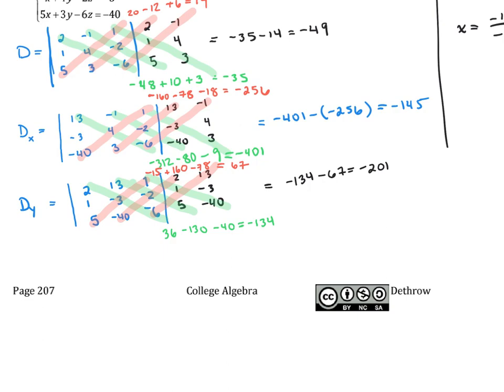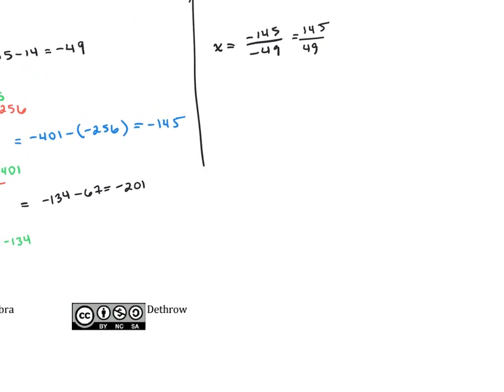So this tells us what y is. Y is negative 201 over negative 49, which is 201 over 49.